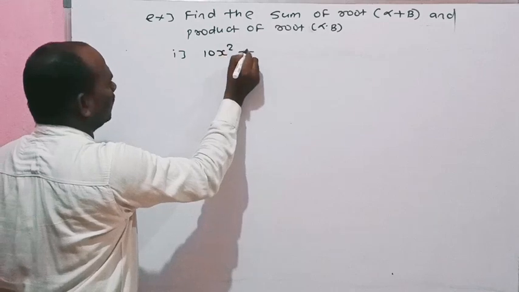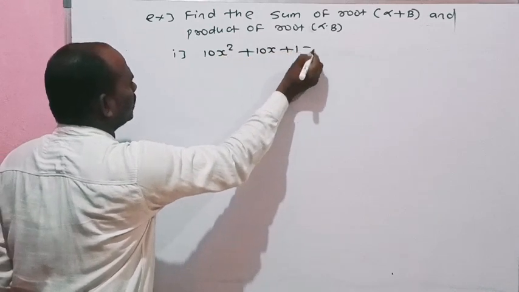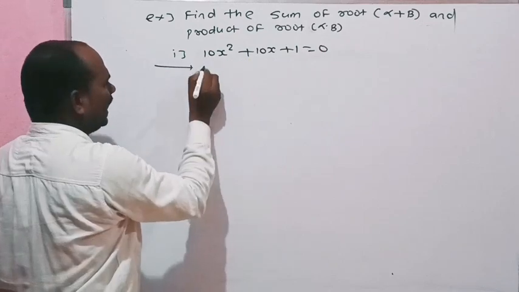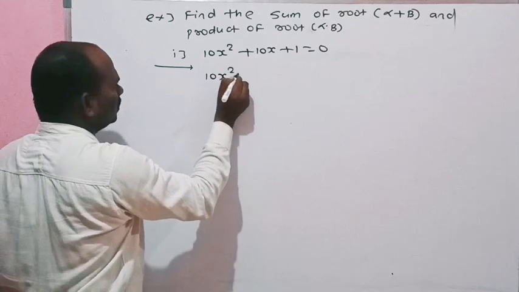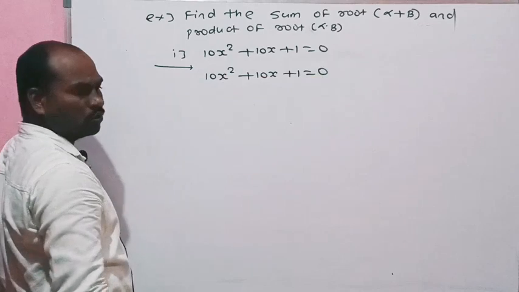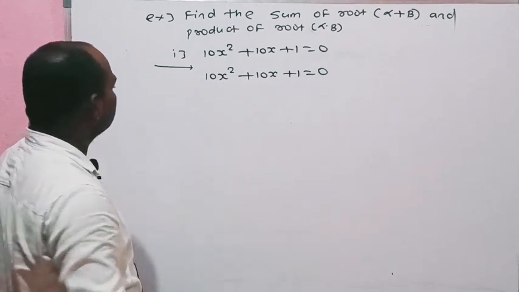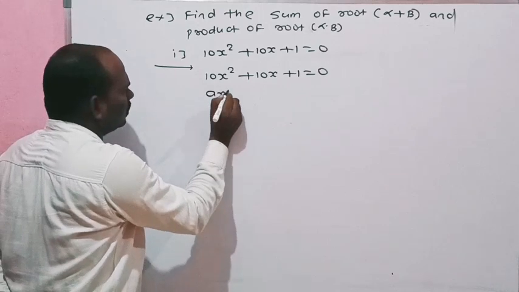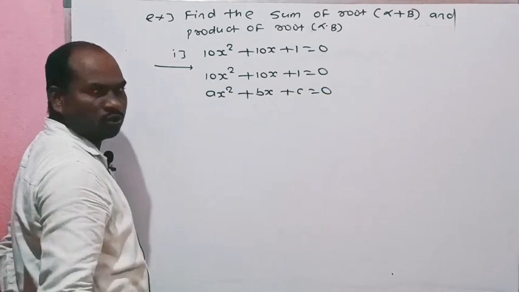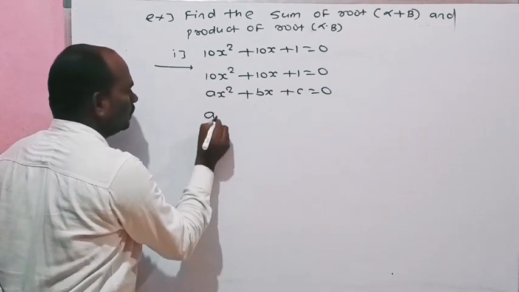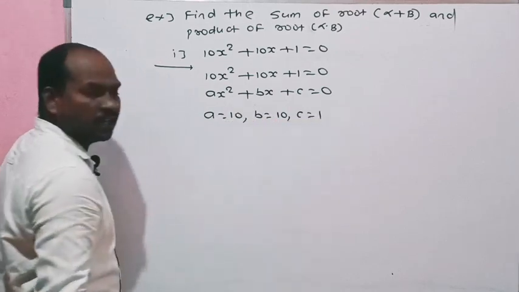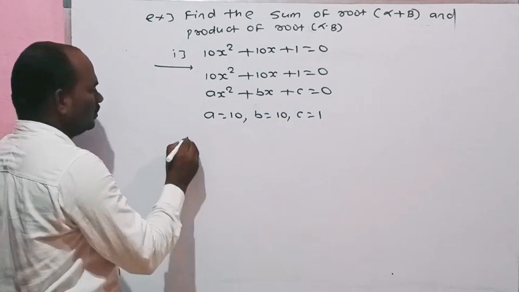First we write it as it is: 10x square plus 10x plus 1 equal to 0. Now we compare this equation with ax square plus bx plus c equal to 0. Now a equal to 10, b equal to 10 and c equal to 1.